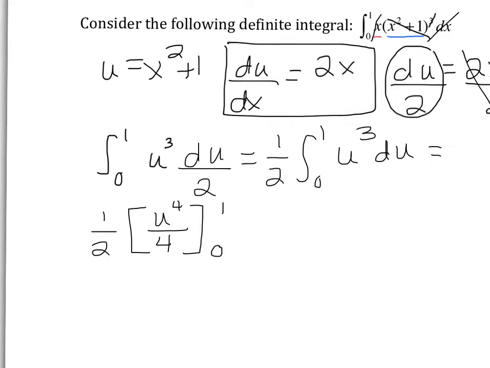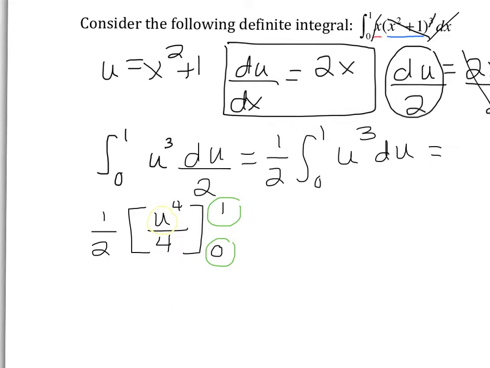Now here is where we need to pause, because this 0 and this 1, I'm just going to switch colors here for a minute. This 0 and this 1 are x values. And that's a bit of a problem because I have a u in here.